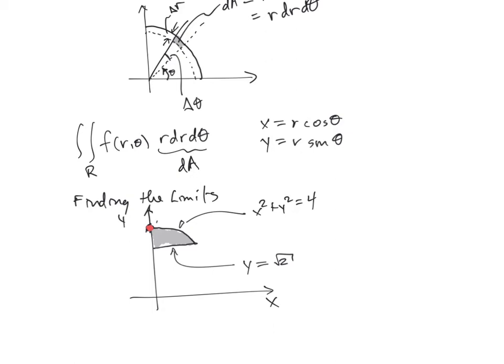Obviously 2, because it's part of the circle, and this circle has a radius of 2. So that point is (0, 2).